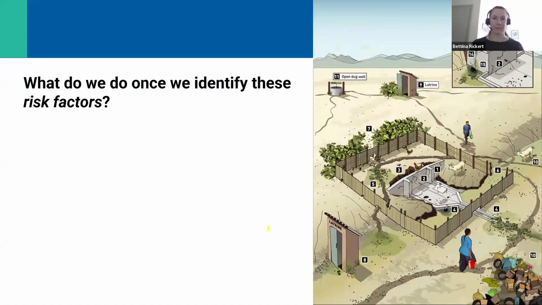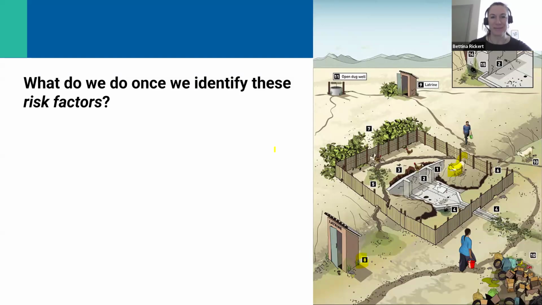So you can see here risk factors, a toilet close by, an animal that's got inside. Well, what do we do once we've identified these risk factors? So we filled in our form. We said yes, yes, yes, no, no, no. We've got a number. What do we do once we've identified these risk factors? That's my final question for us.